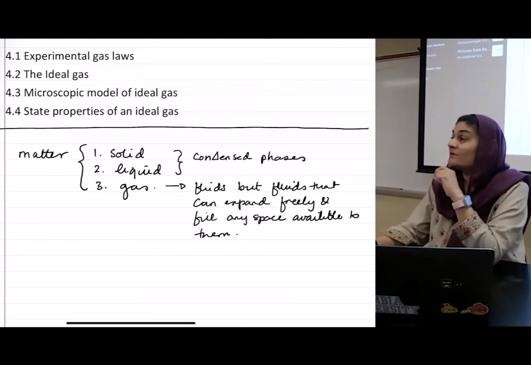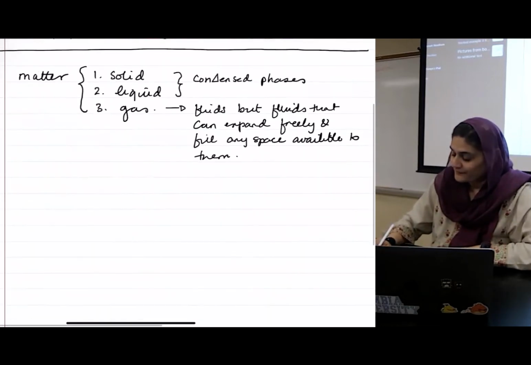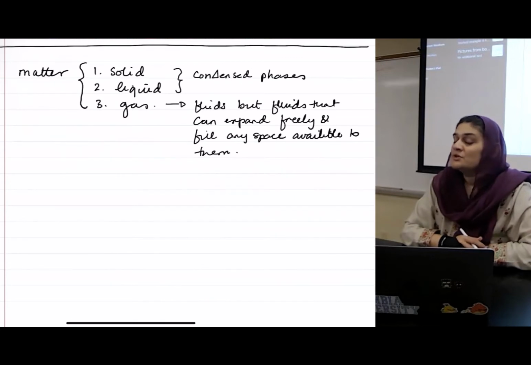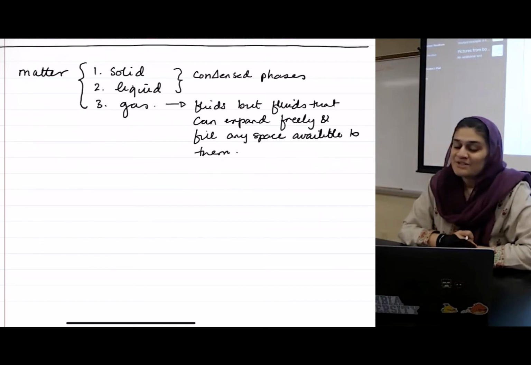In this chapter, we will be talking about the gas phase. So there were a lot of experiments done at the beginning, around the 17th and 18th century about gases. And this is a summary of everything we know.